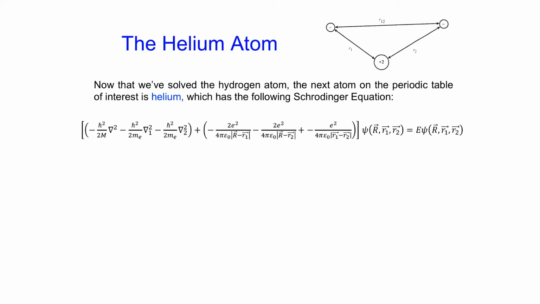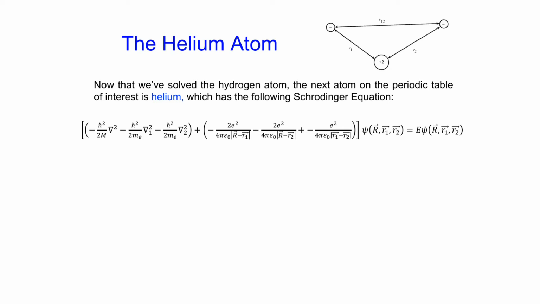We've got one kinetic energy term associated with our nucleus, that's our big M, and then one for electron 1 and one for electron 2. Everything in our model gets a kinetic energy term.